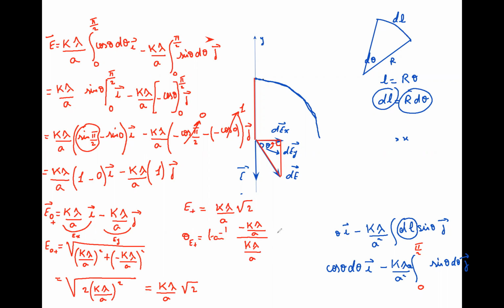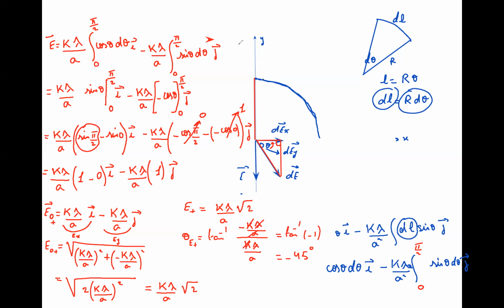So you have tangent minus 1 of minus 1. You will have minus 45 degrees. You can do the calculation by the calculator.